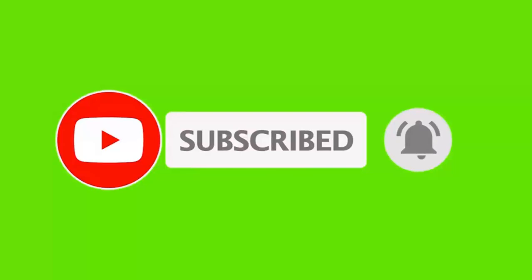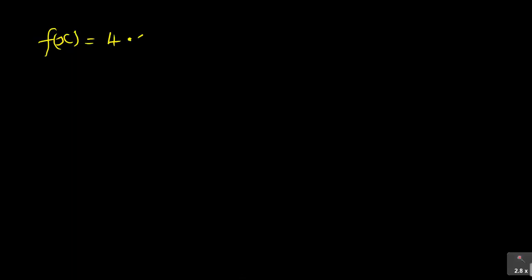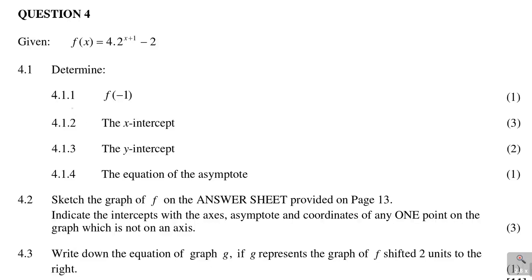We are given f of x is equal to 4 times, that dot means times, 2 to the power x plus 1, minus 2. So that's what you are given, and the first question they want you to do there, 4.1.1, they are saying you need to find f of -1.